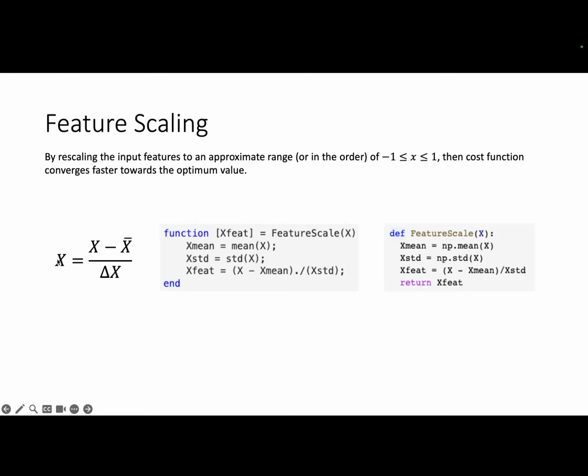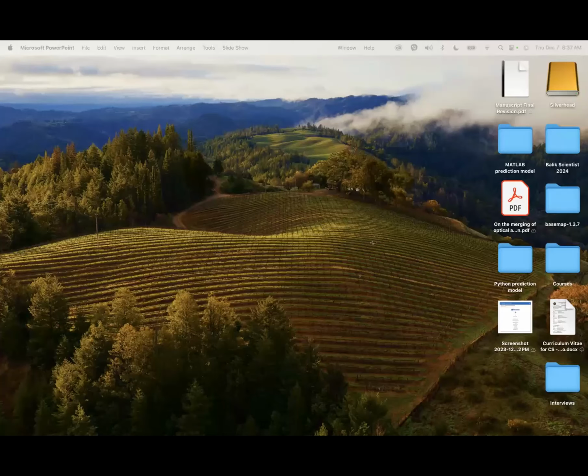And then yung bagong values ng x na feature scaled will be x minus yung mean value, divided by standard deviation. So this will give us a feature that has values between -1 and 1. Okay, any questions so far?